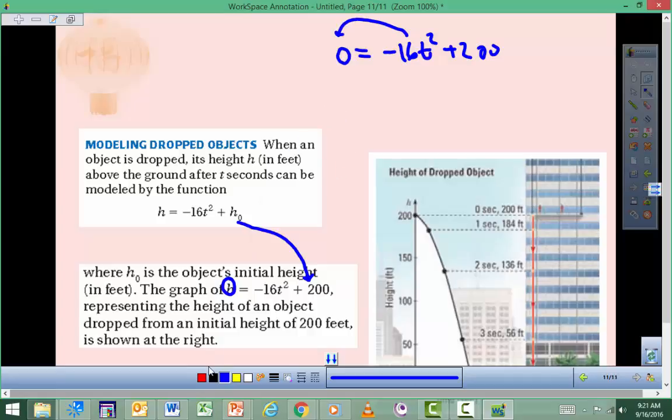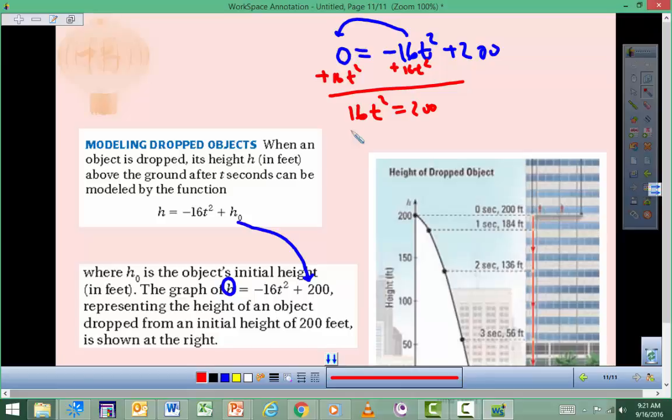So I'm gonna do some algebra real quick. If I add 16t squared here, I add it over here, then I end up with 16t squared is equal to 200.